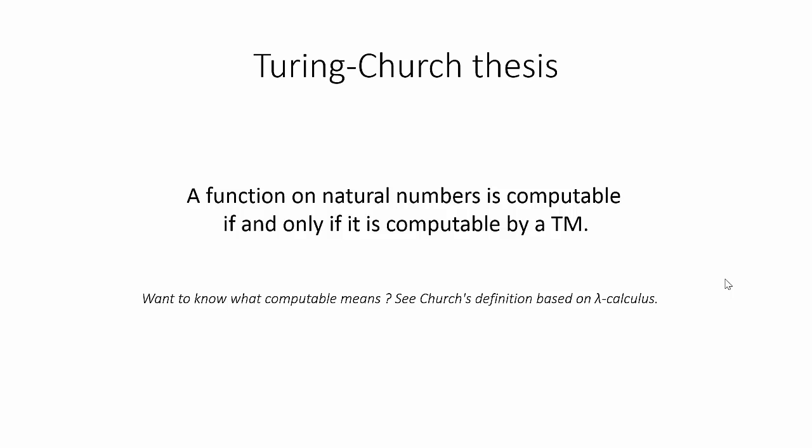The only problem with this thesis is what computable means. Informally, Turing referred to a computable function as one where you can take a human, give him a pencil and paper, and he's going to compute the function eventually. If he can do it, then a Turing machine can do it.